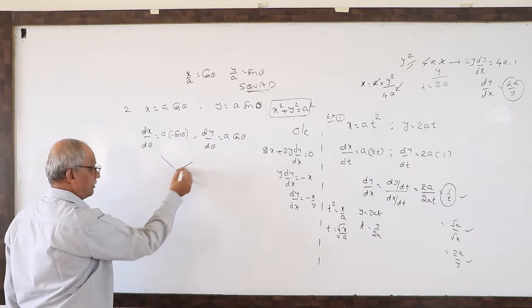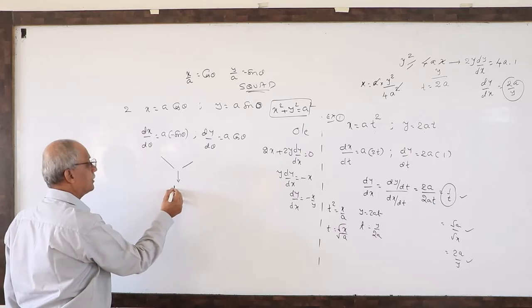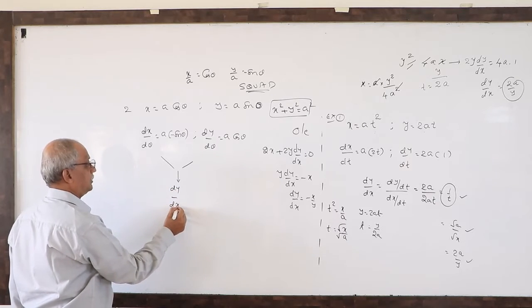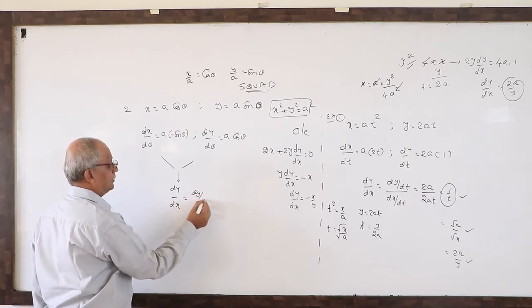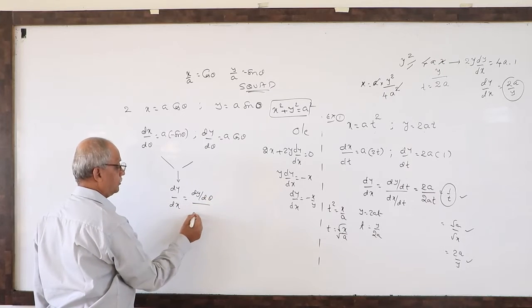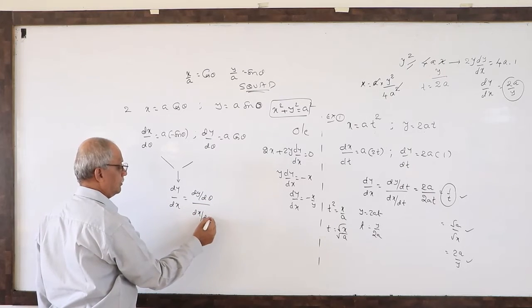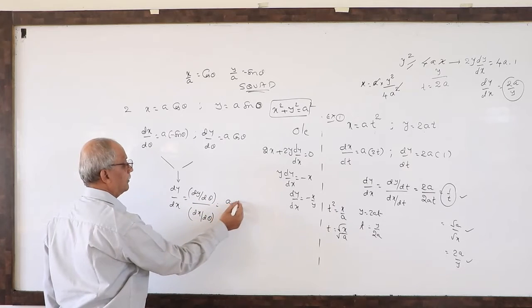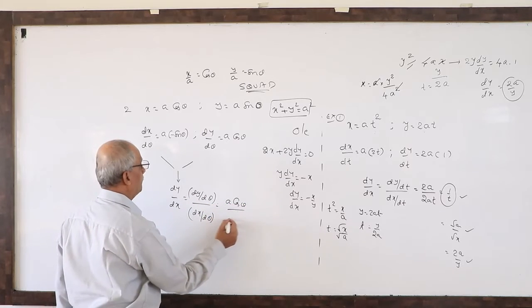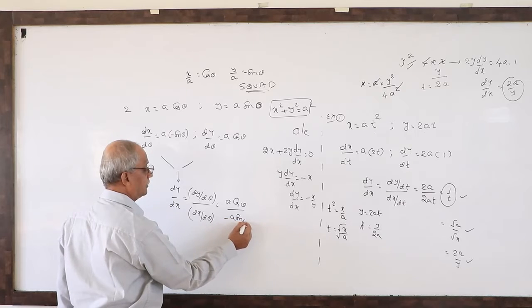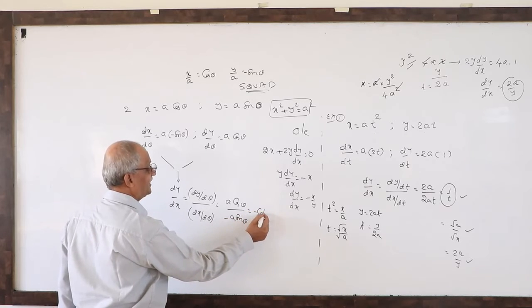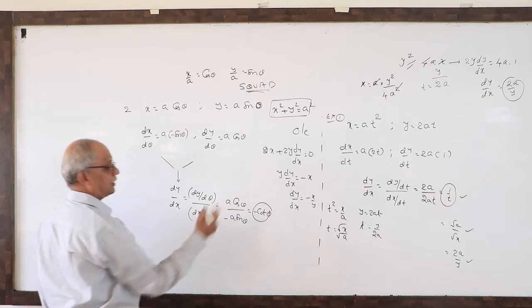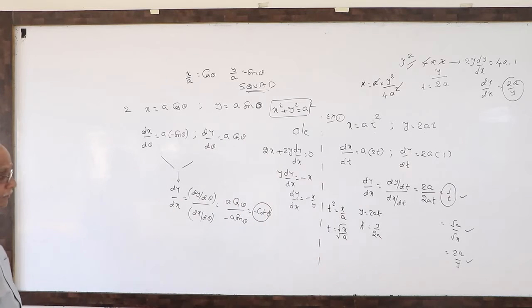Combining them, dy by dx can be written, the same method you do in PUC, also a solution, a little bit of a 2 or 3 marks problem. a cos theta by minus a sin theta is minus cot theta. Answer is finished, in terms of theta.